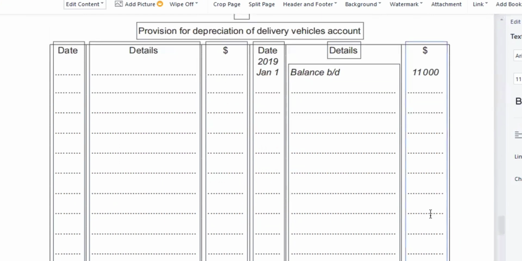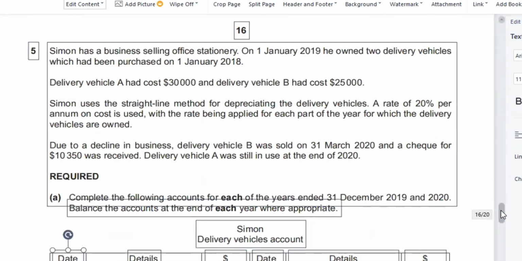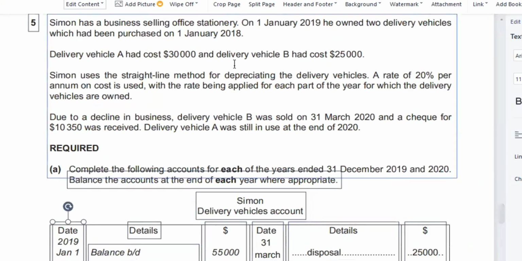Okay. B part is provision for depreciation of delivery vehicle. Simon uses a straight line method for depreciating the delivery vehicle at the rate of 20% per annum on cost, with the rate being applied for each part of the year for which the delivery vehicle was owned. And we have delivery vehicle B was sold on 31st March 2020.